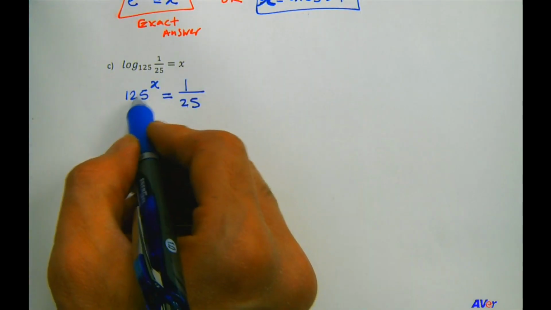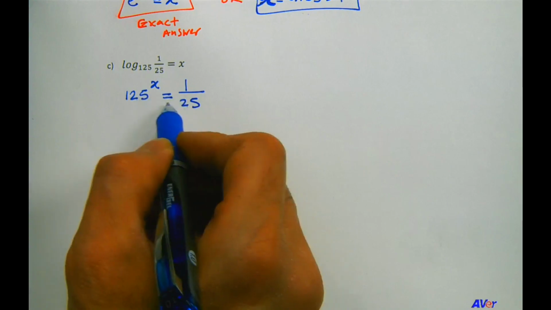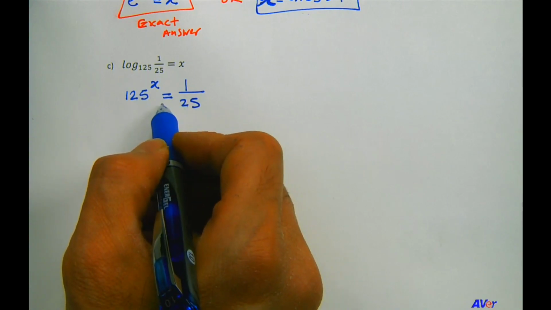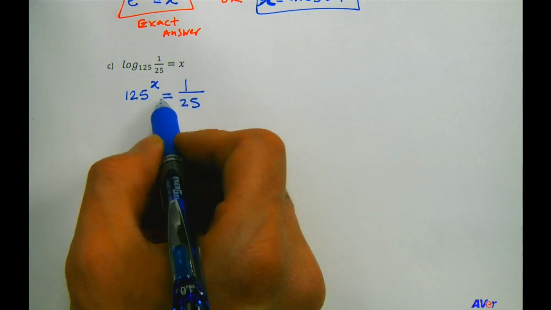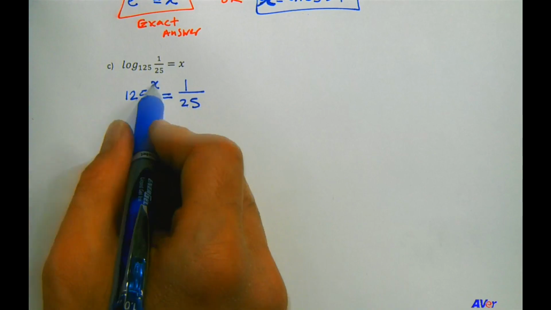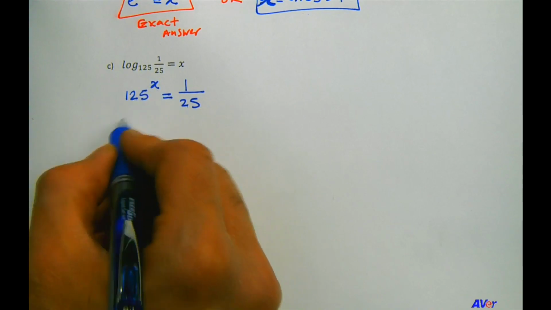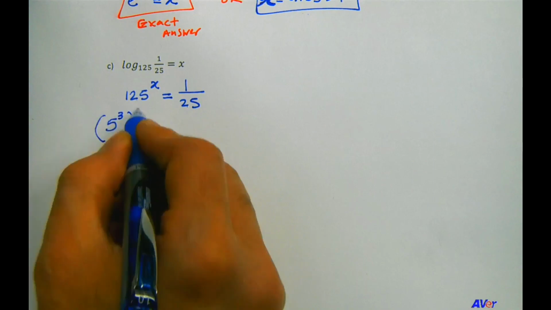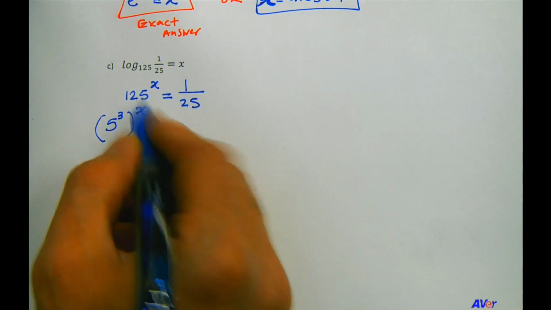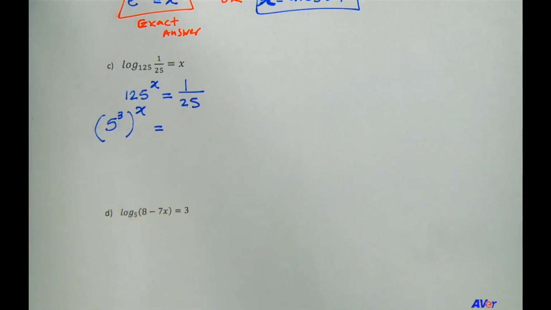Let's use that knowledge to try to write left and right sides of this equation in terms of exponential functions to the same base. Okay, so 125 to x power, 125 first of all can be written as 5 cubed to x power, right? That's the same thing as that.